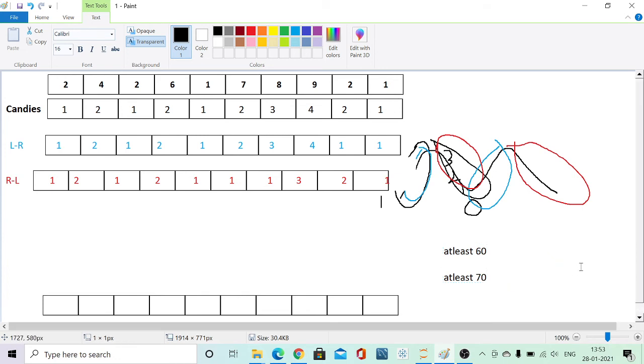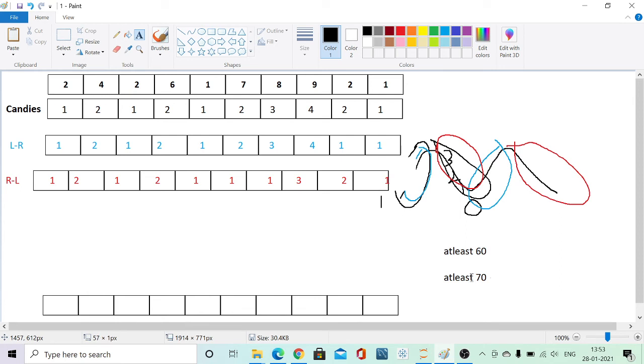So if I satisfy only this condition 70, then the condition of 60 degrees Celsius is already satisfied. So we can see when we have to satisfy 2 conditions of minimum requirements, if we satisfy the higher requirement, then the lower requirement is already satisfied. So same logic can be applied here.